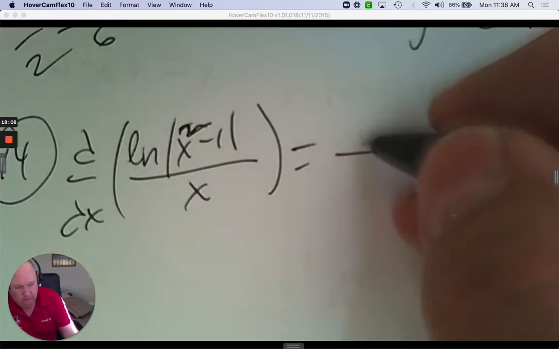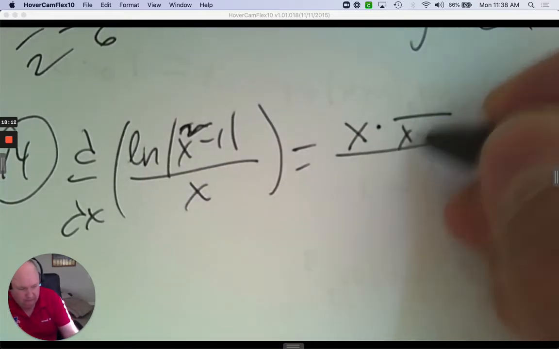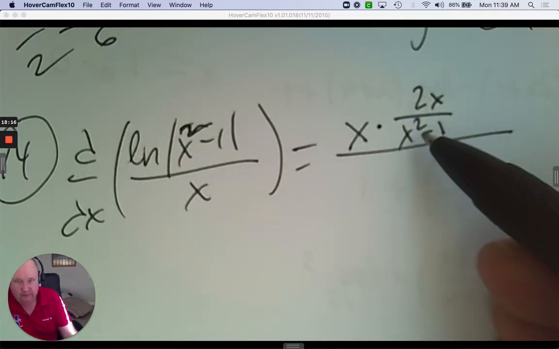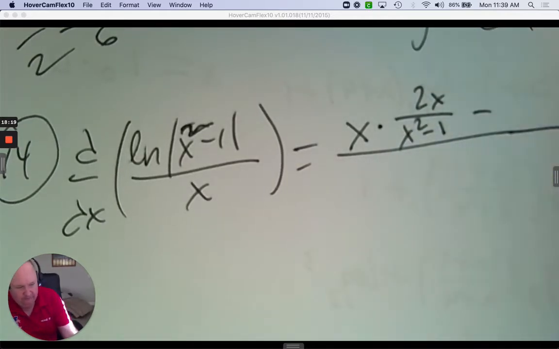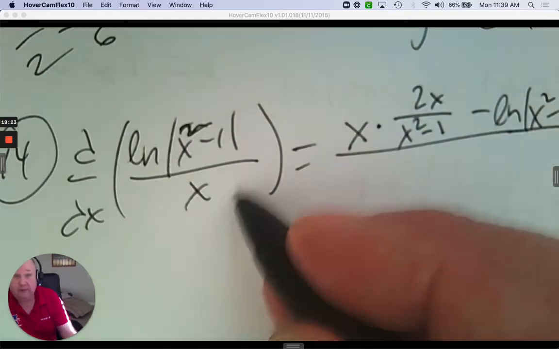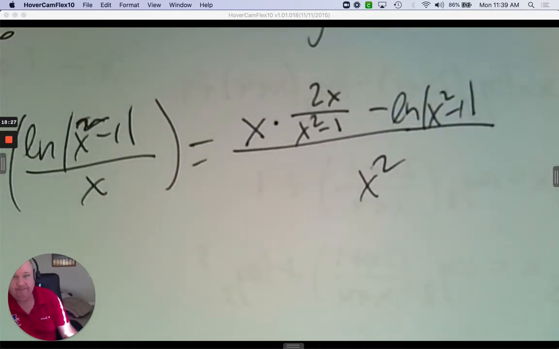So the quotient rule is the bottom times the derivative of the top. So what you see is the denominator, and then the numerator is the derivative of that. Subtract the top times the derivative of the bottom, which is just 1, and then the bottom squared. Be a good rule follower. Number 15.